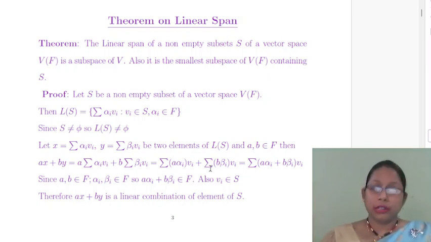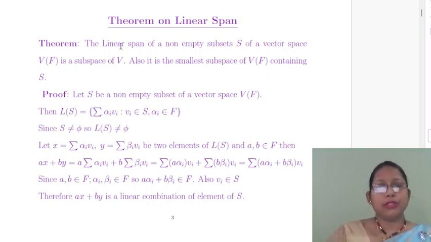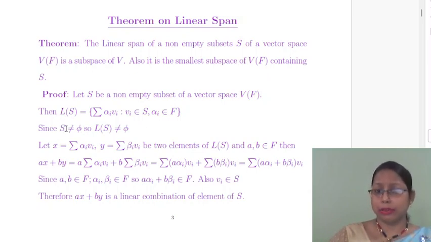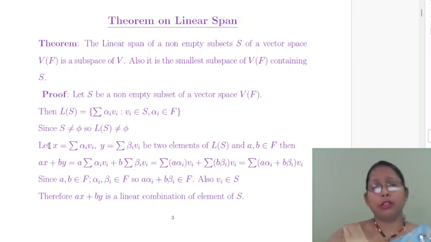Proof. Let S be a non-empty subset of a vector space V, then the linear span is given by the collection summation alpha i vi, where vi belongs to S and alpha i belongs to F. Since S is given to be non-empty, the linear span is non-empty, because the linear span is the collection of the linear combinations of the elements of S. Next, we consider two elements x and y.